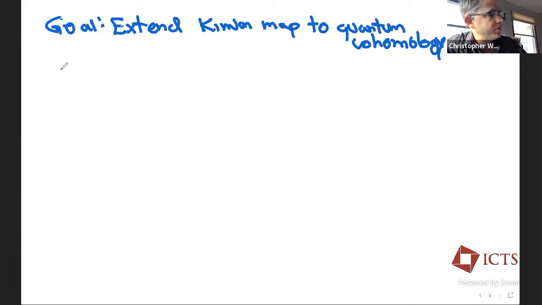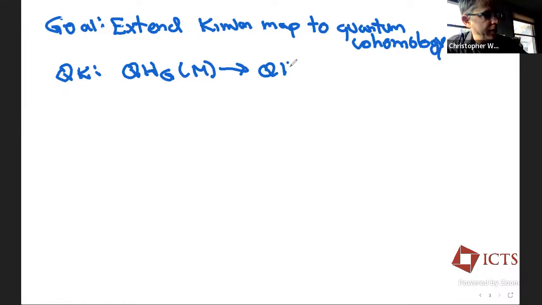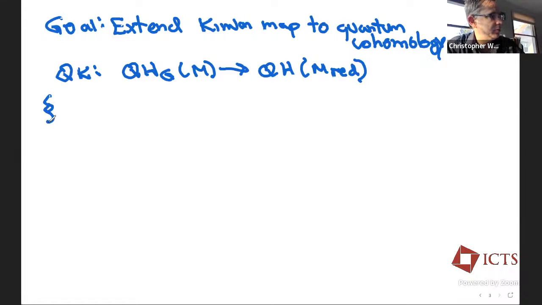So we want to map QK, which goes from QH_G to QH. And so I have to talk about what we mean by quantum cohomology.